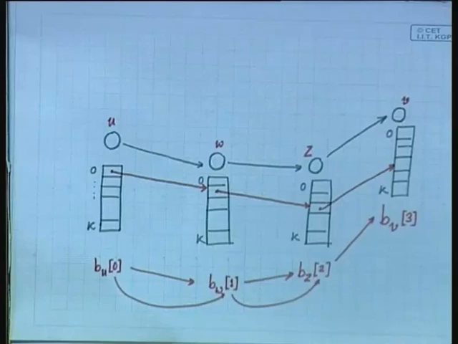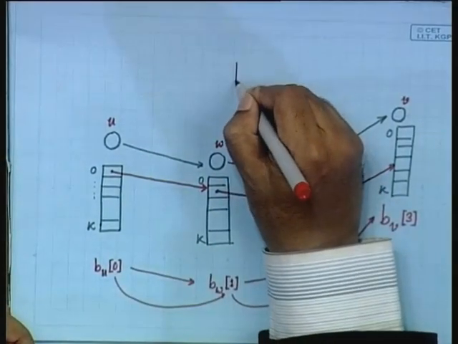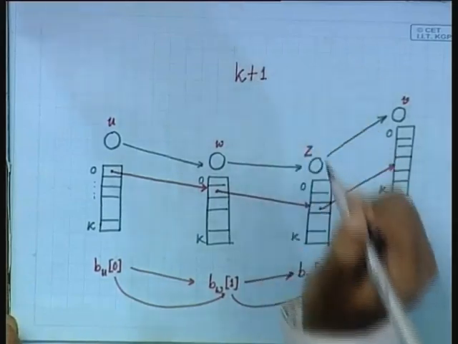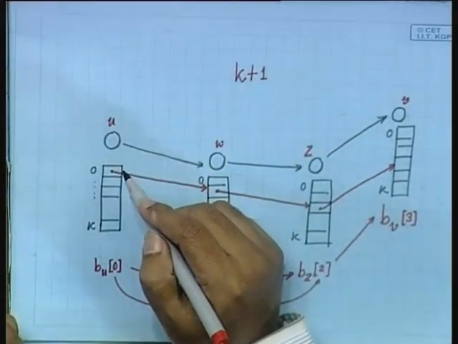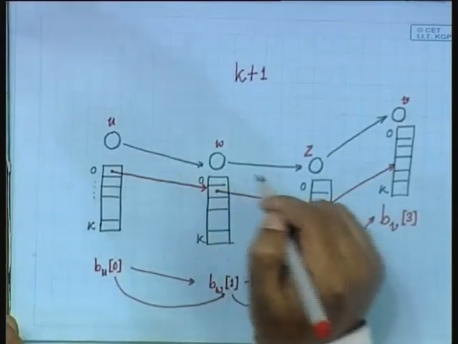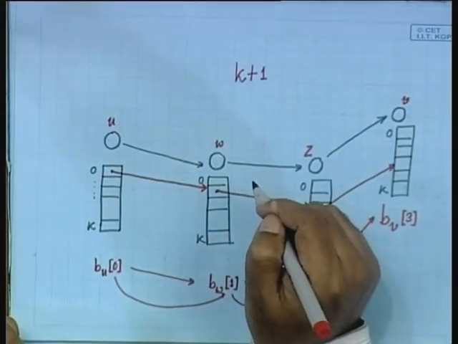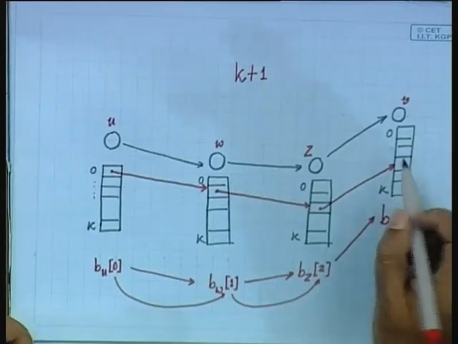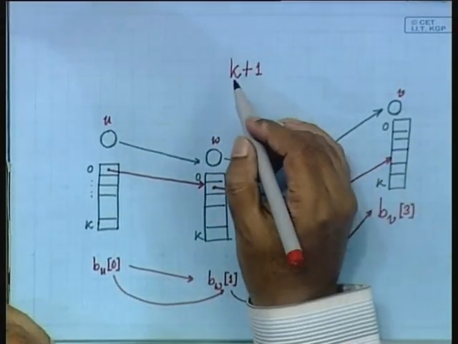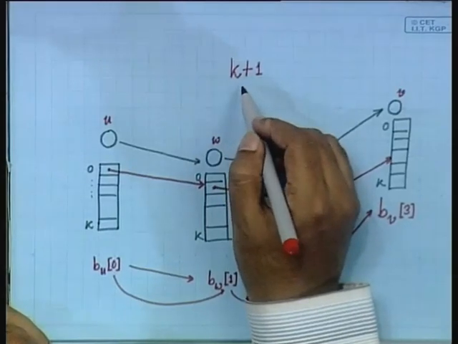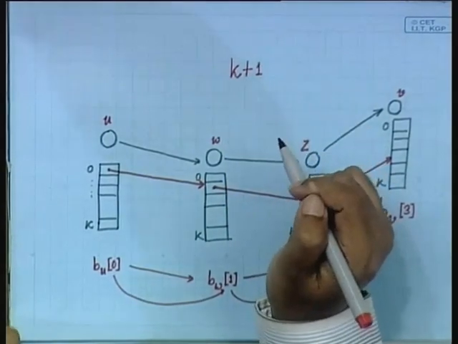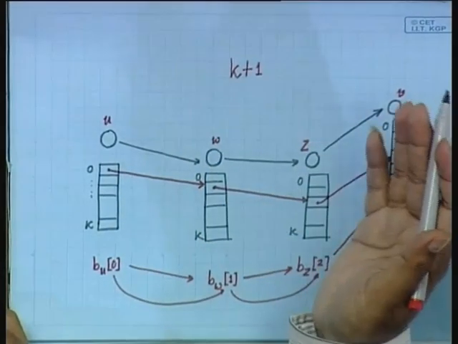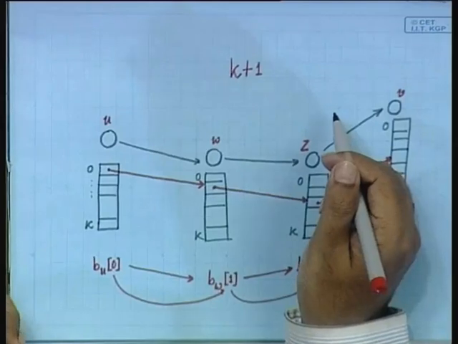Now, how many buffers do we have in every node? k plus 1, and so if it starts in 0, then with k hops it can go to a maximum of index k. We know that the length of the longest routing path is k, so every routing path is upper bounded by k. By the time it makes k hops, it will definitely reach the destination.